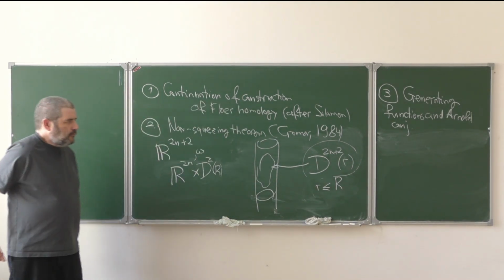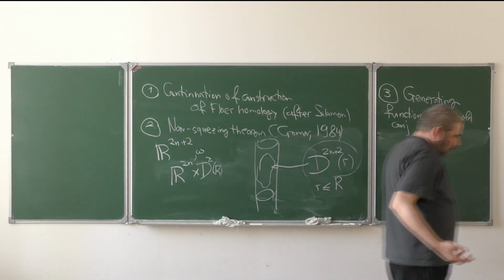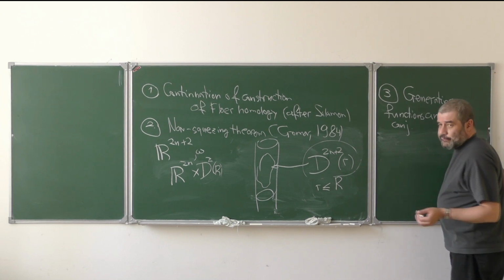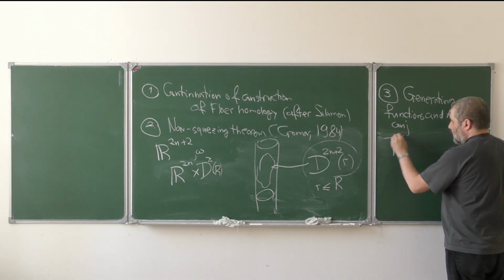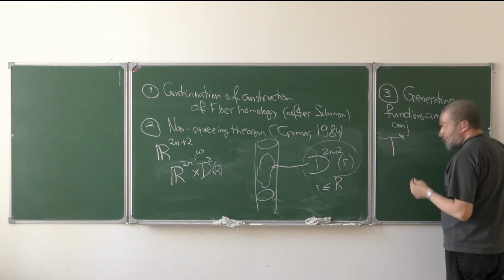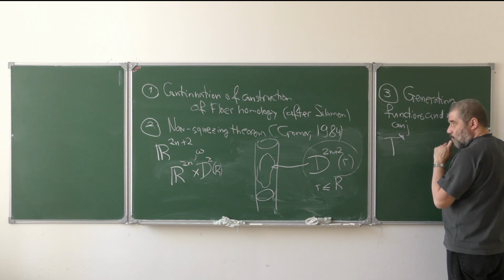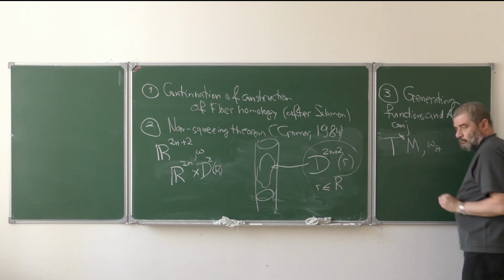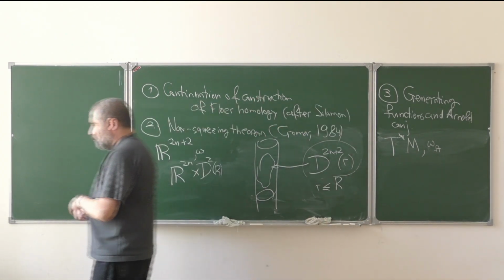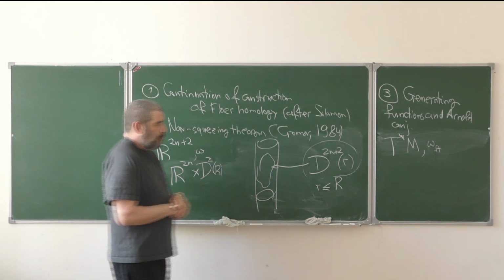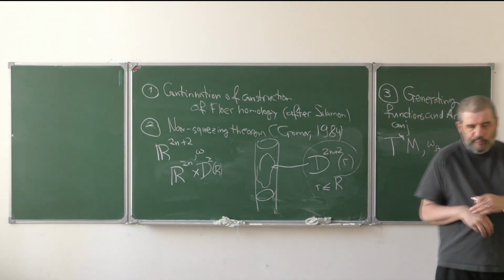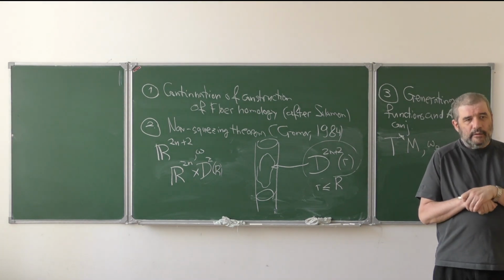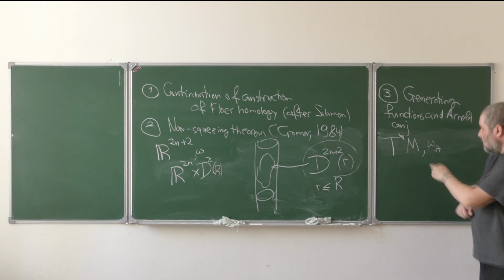So consider a standard example of a symplectic manifold, T star of another manifold, say M. I will explain, probably you know the construction, how to construct many Lagrangian manifolds in that space.